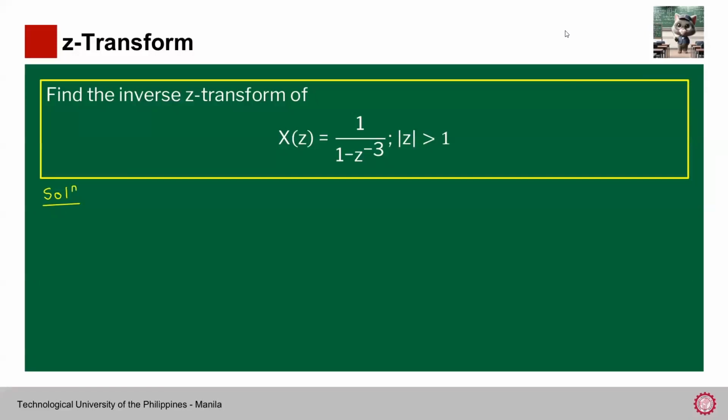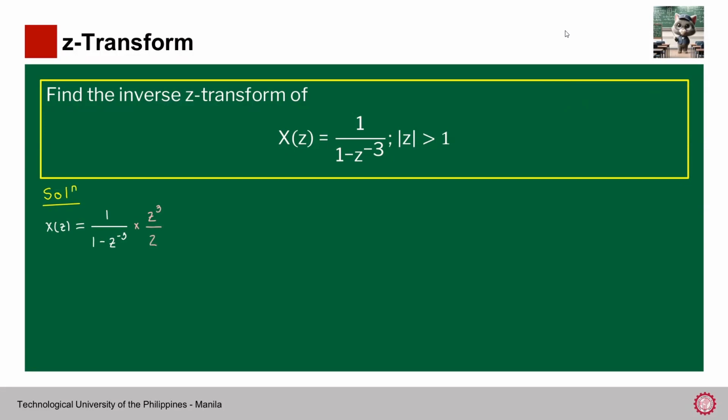So from the original given, X of z, which is 1 all over 1 minus z raised to minus 3, let's multiply this by z cube over z cube.